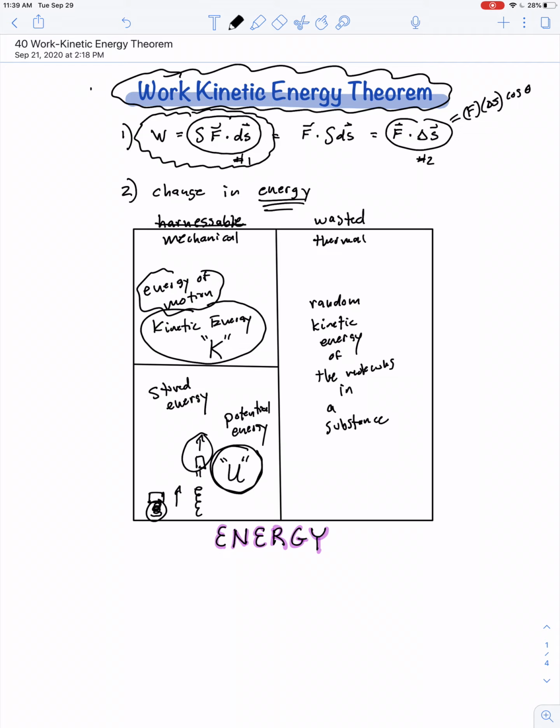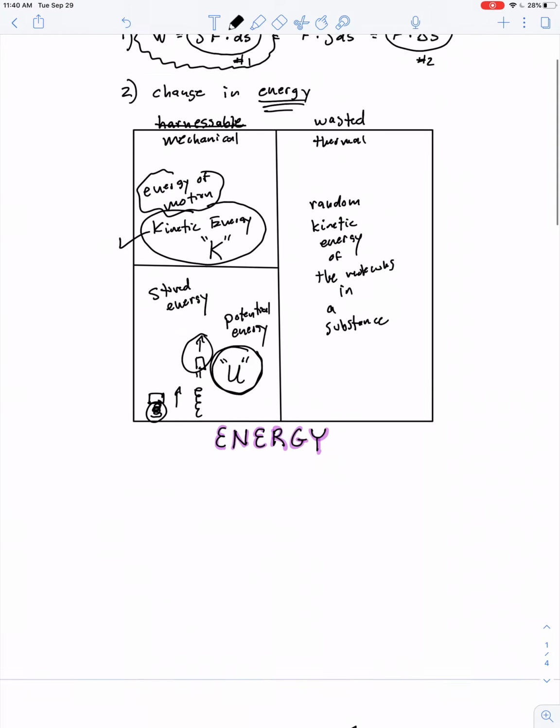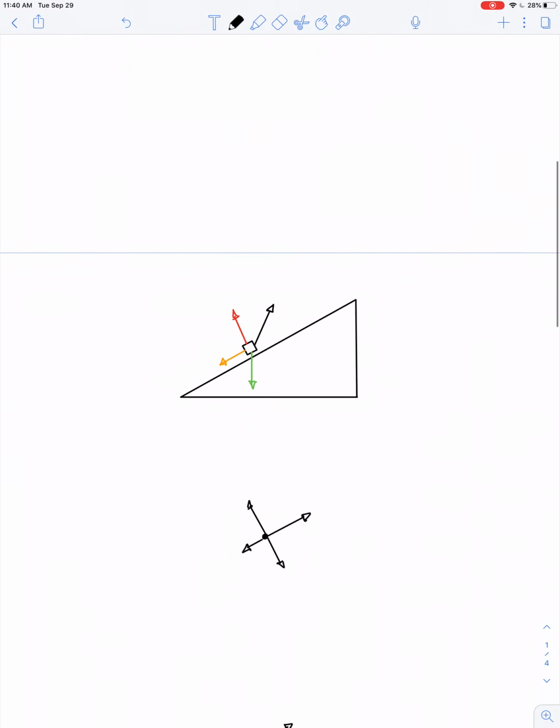Let's see if we can derive the work kinetic energy theorem, and along the way come up with an equation we can use to calculate an object's kinetic energy or energy of motion. So here's an example of a block that's being pushed or pulled up an incline by an applied force Fa. And then there are all these other forces acting on the block that you can't escape.